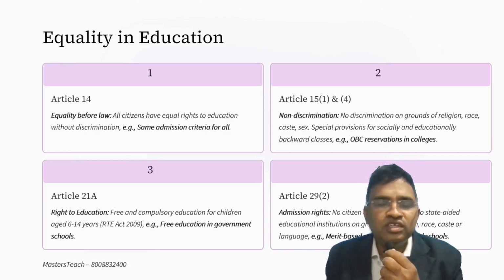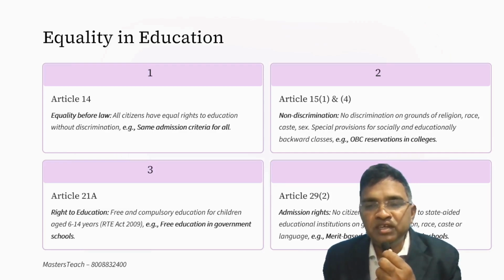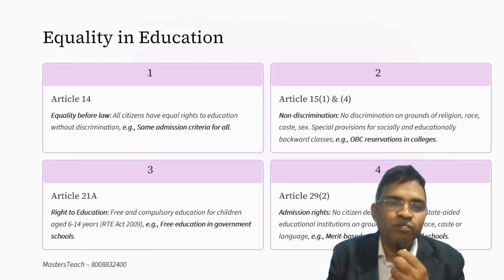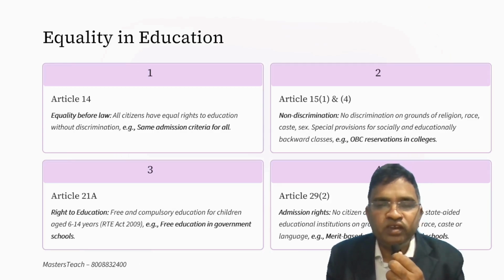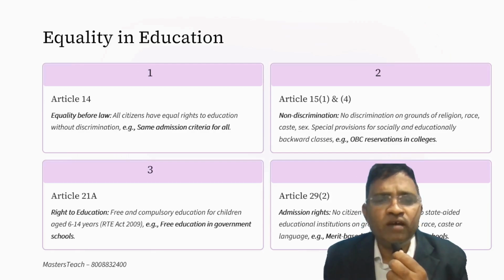So no citizen is denied admission to a state aided educational institution on the grounds of religion, race, caste or language. For example, merit based admission in aided schools. So these are the equality provisions in education. Remember Article 14, Article 15 (1 and 4), Article 21A, Article 29 subsection 2. You have to remember this.